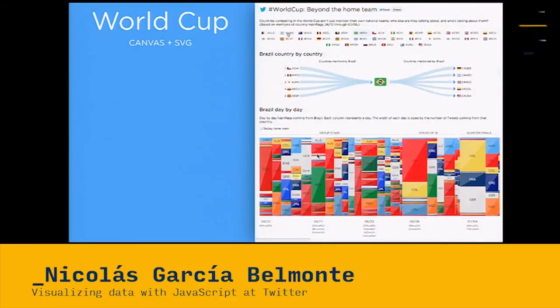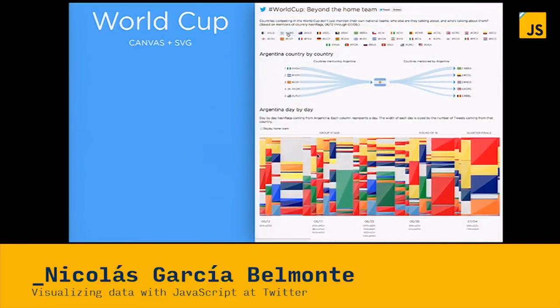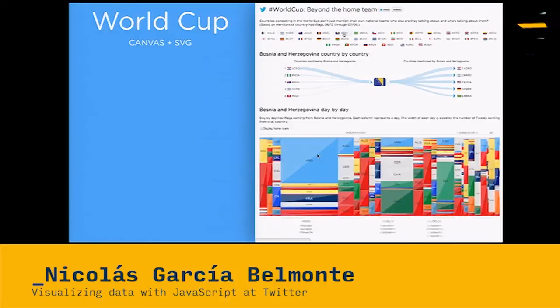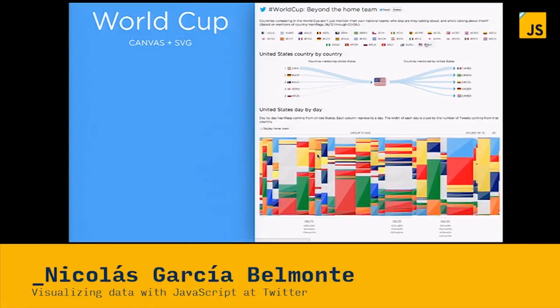Another interesting piece of data that we did with this, and that really shows the global aspect of the platform, is this one. So what we did is basically, we had these hash flags during the World Cup. The three-letter country code that you could use with the hashtag, and this would give you the flag of the country, right?